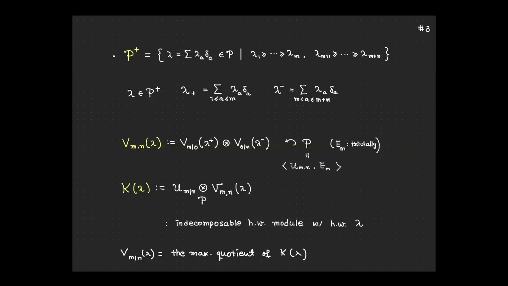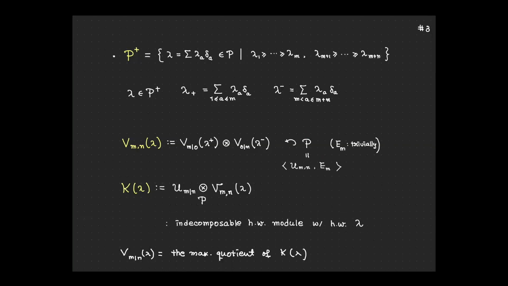Okay, then we define V_{m,n}(lambda) to be the irreducible highest weight module with highest weight lambda with respect to our Levi subalgebra. And then we can easily extend the action of the Levi subalgebra to the parabolic subalgebra, which is generated by U_q(l_{m,n}) and E_m.